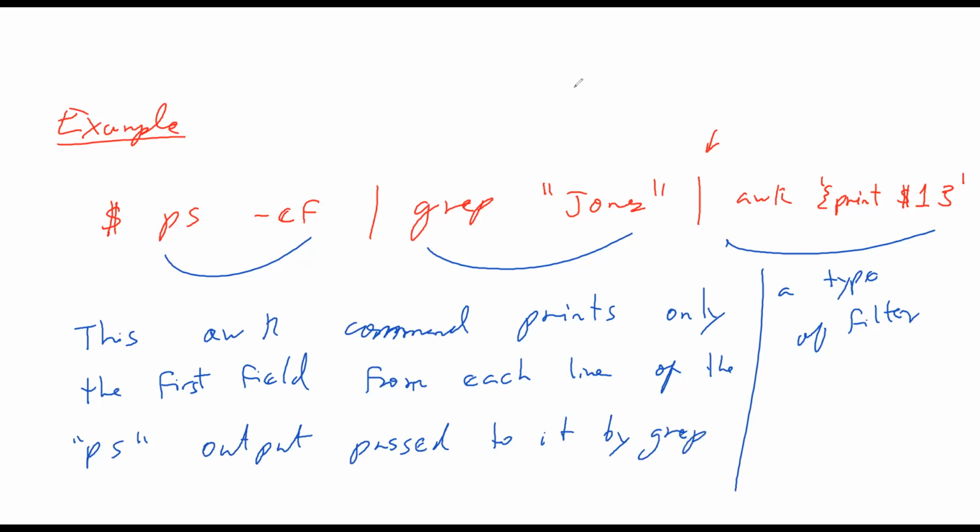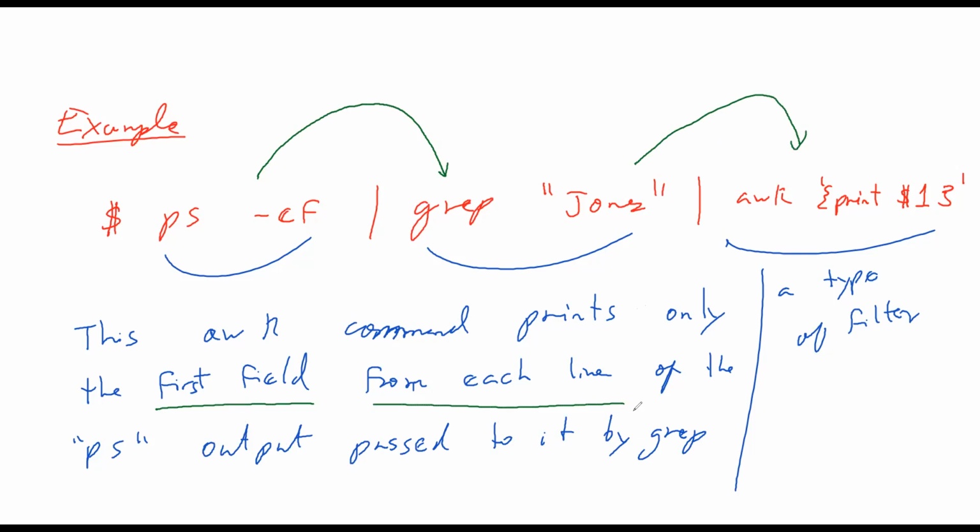So remember that ps outputs to grep, it pipes it. Grep searches for the lines that contain Jones, and it pipes that to awk, and then awk looks at all the fields, and it only returns the first field from each line. Therefore, basically, the column, and it discards everything else, so it provides a kind of a nice output.